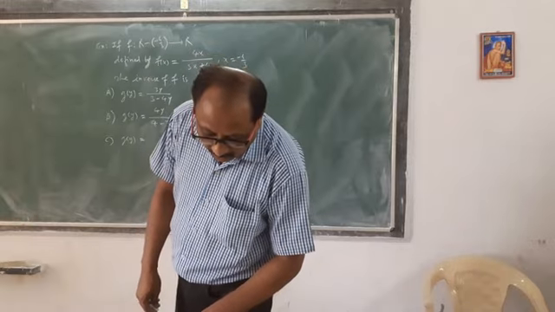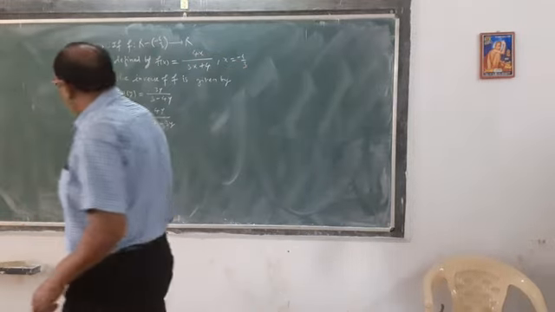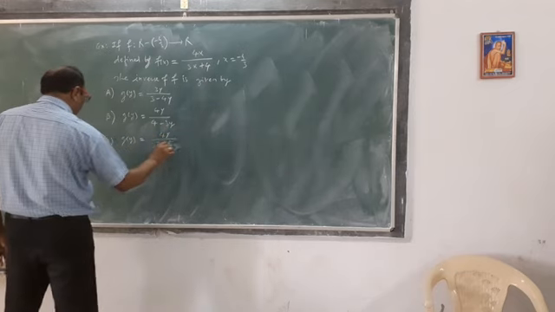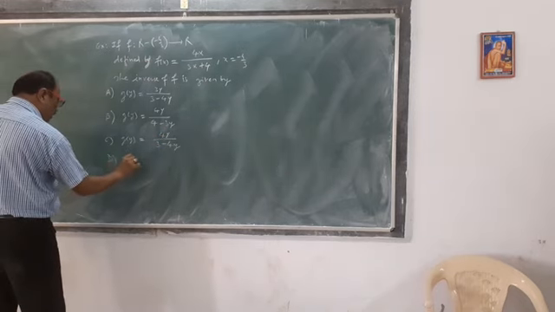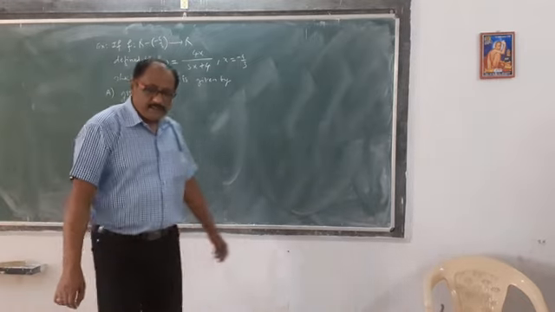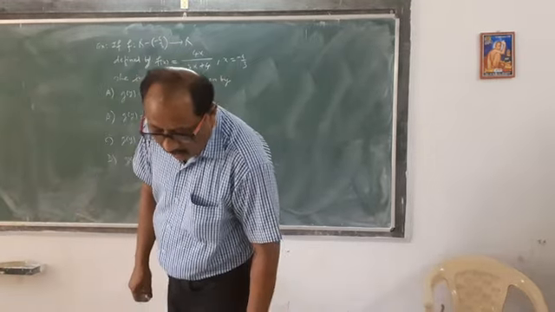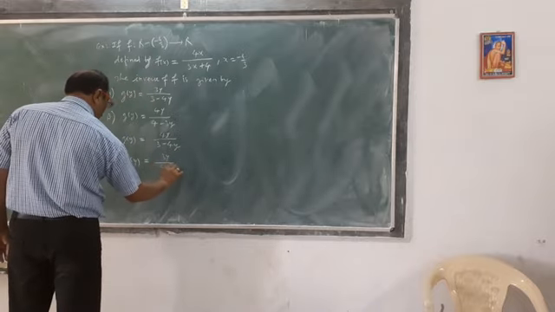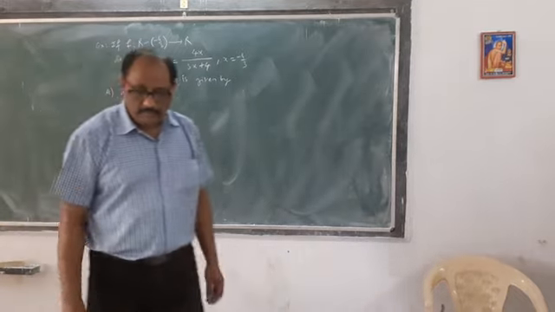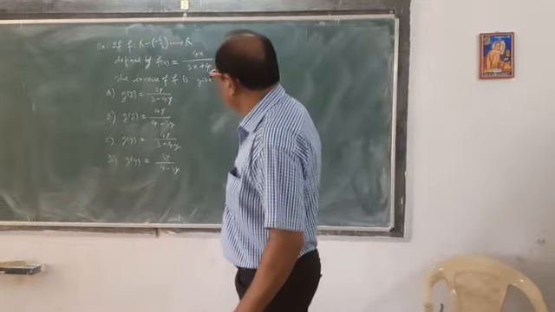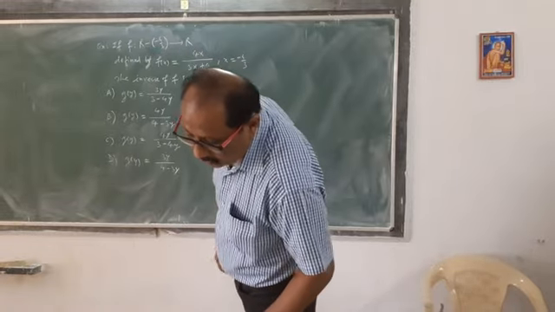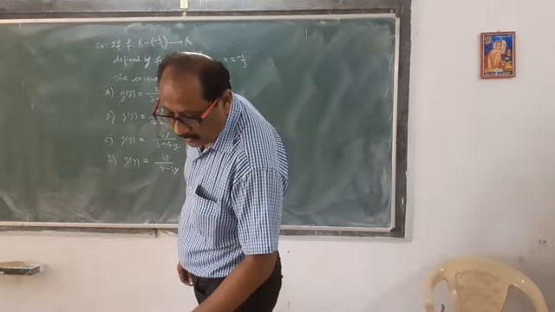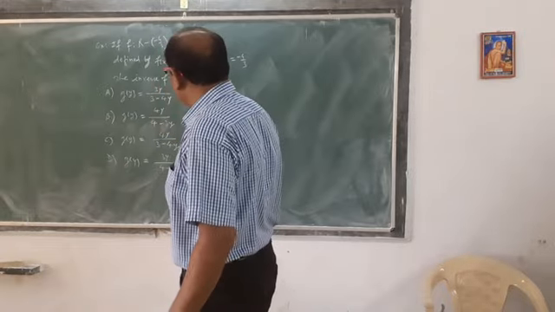Third option C, 4y upon 3 minus 4y. And last option, g of y is equal to 3y upon 4 minus 3y.